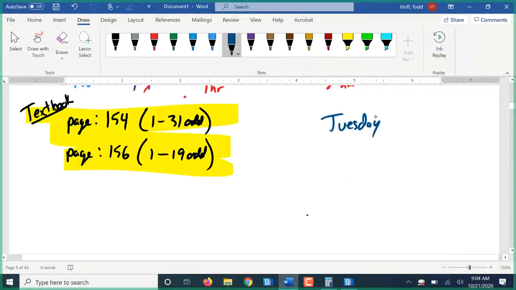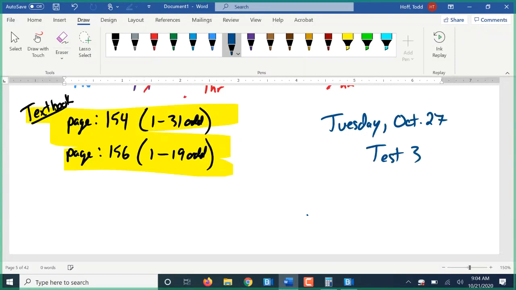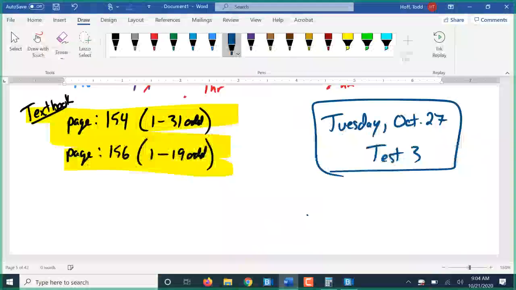Yes. Tuesday, October 27th will be test 3 in class. So be prepared for next Tuesday to be our unit test. That will be officially the last day of week 9 for this class. Any questions?